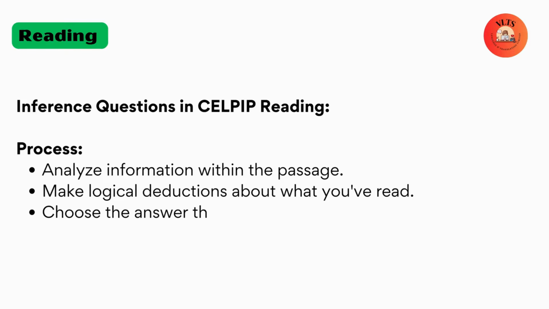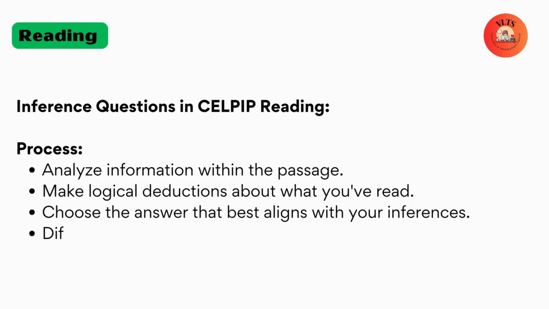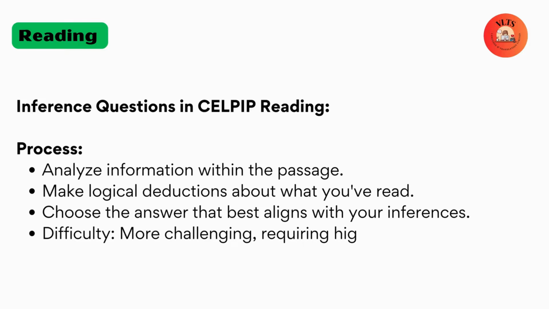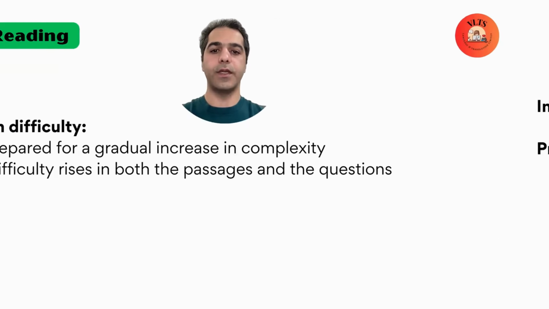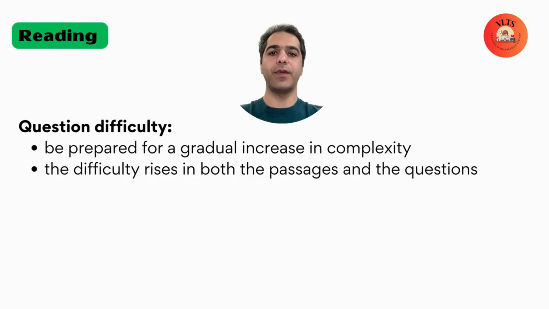These questions are more challenging and require high level critical thinking skills. Question difficulty. As you navigate through the CELPIP exam, specifically the CELPIP reading, be prepared for a gradual increase in the complexity of the test. For both the reading passage and the questions, that will steadily rise as you progress from Part 1 to Part 4.